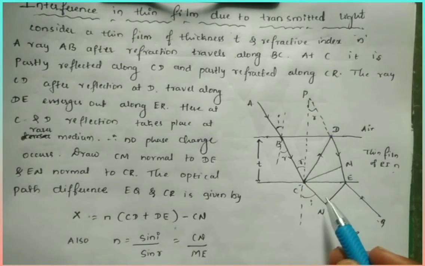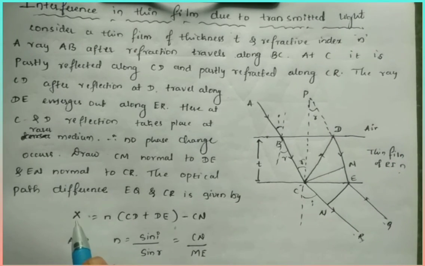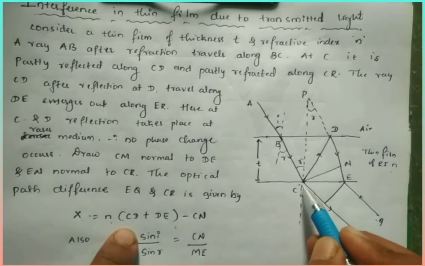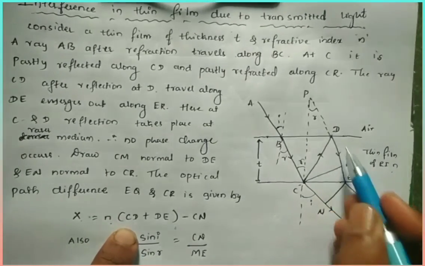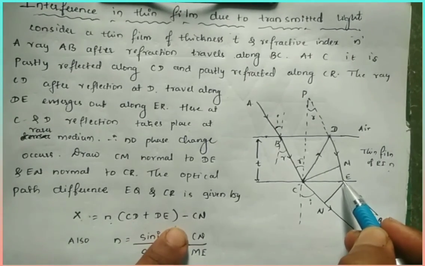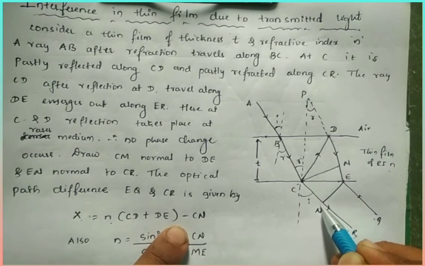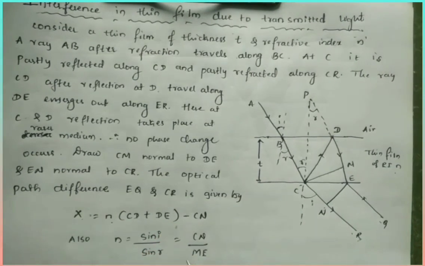So now we take the path difference. The path difference x equals n, the refractive index, times CD plus DE, the reflected path, minus CN.